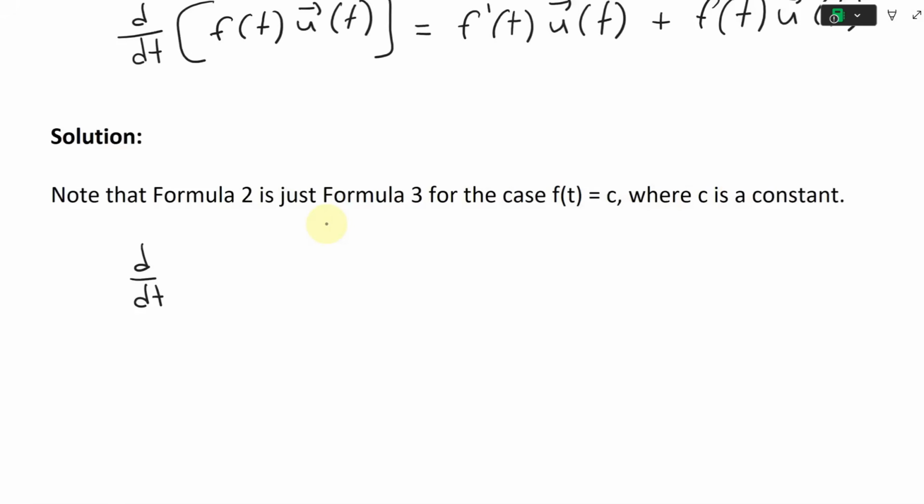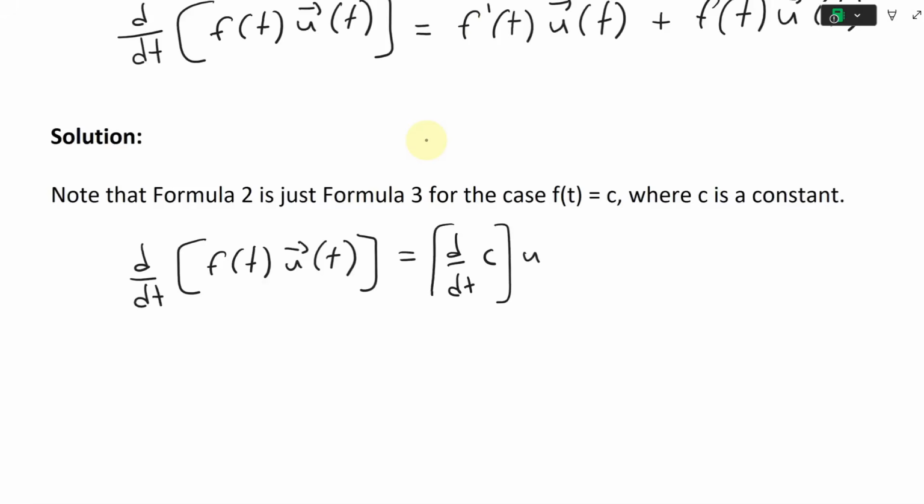So d over dt of f of t times u of t is going to be just formula 3. In our case, we're going to be taking the derivative d over dt of the constant c, times u of t, plus the function f of t, which is just c, times u prime of t.